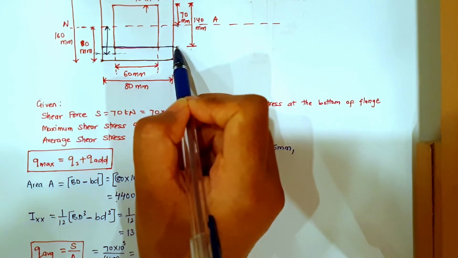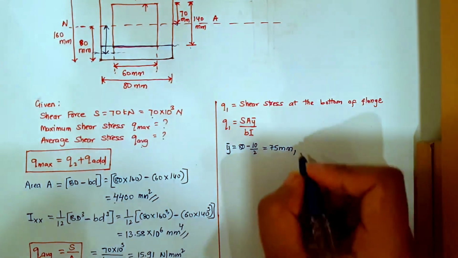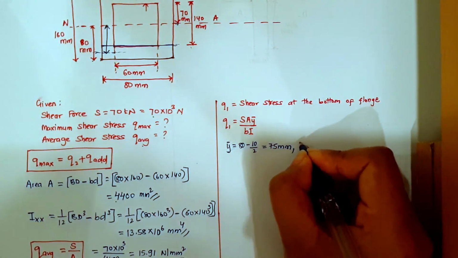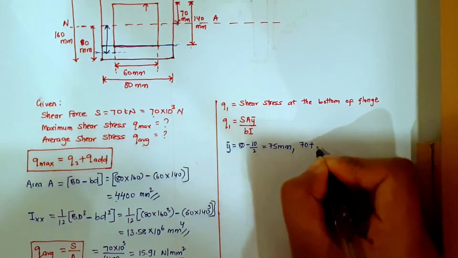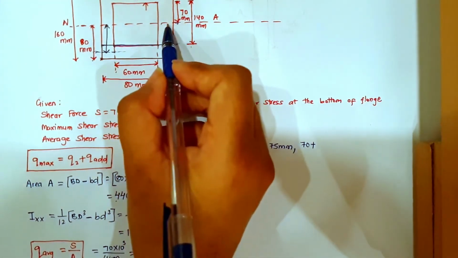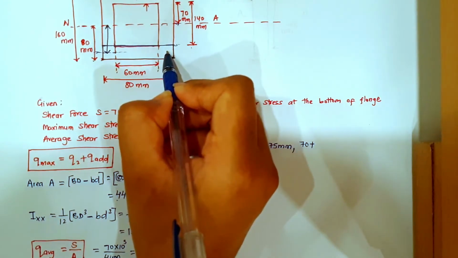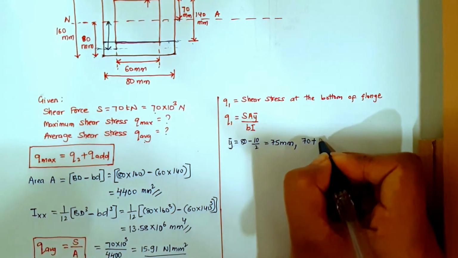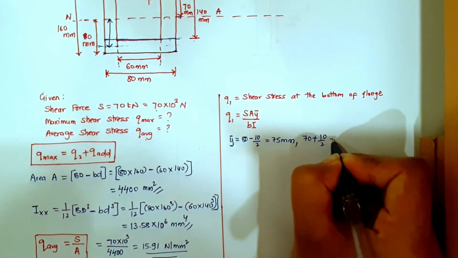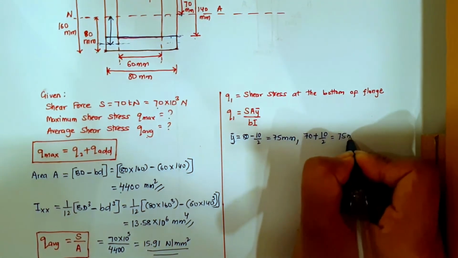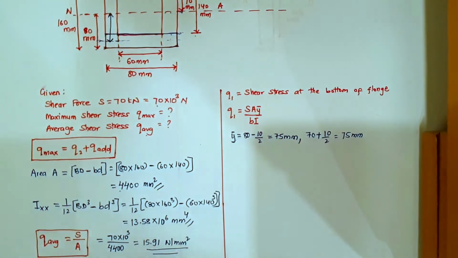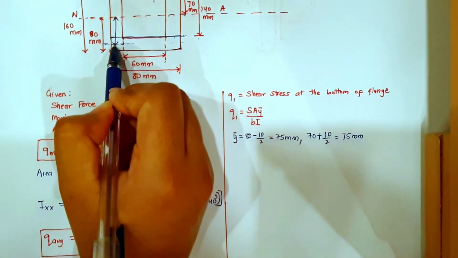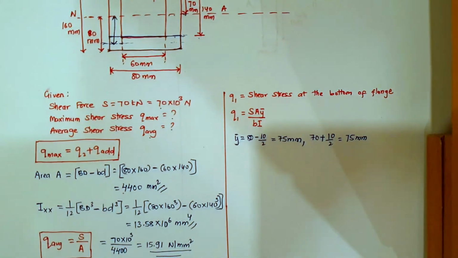So this will be 70. So you can take 70 plus you are coming from here till here, and then you need to take half of this, so plus 10 by 2. This will also give you 75 mm. Either way, you are finding the distance from the neutral axis till this point. So now we have all the values.